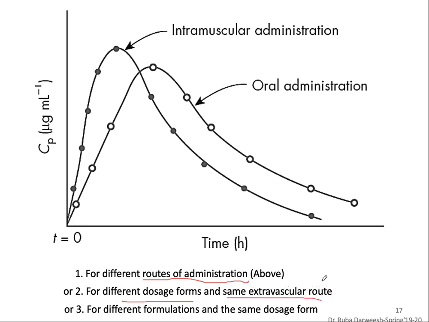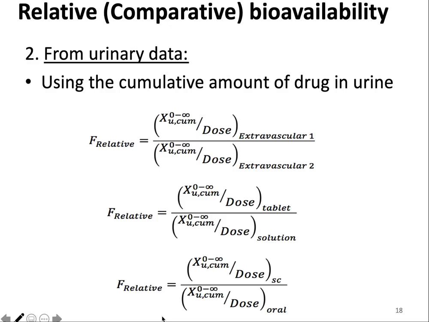Both of them are oral, but one is suspension and one is tablet, or one is tablet and one is capsule. Or a different formulation for the same dosage form, which means tablet 1 and tablet 2, but we are changing the formulation in it. So we are comparing two things and seeing what the bioavailability is, but it's called relative because it's relative to another extravascular.